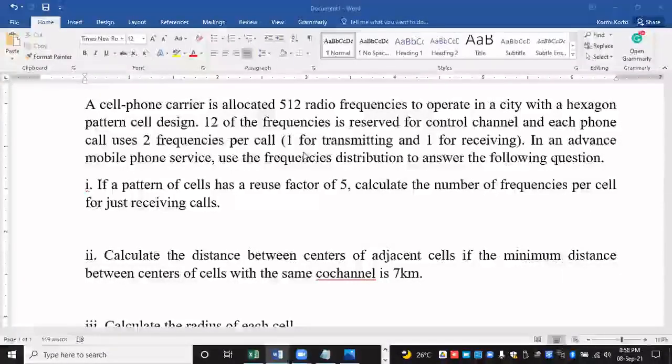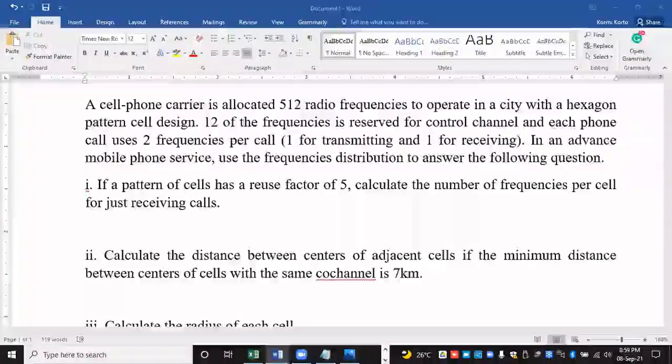Also each phone call uses 2 frequencies per call, which is standard for any cellular transmission. Now the first question is to use the frequency distribution that has been given to answer about 3 questions. The first question is, if a pattern of cells has a reuse factor of 5, calculate the number of frequencies per cell just for receiving calls.